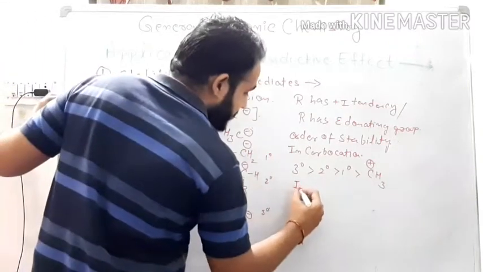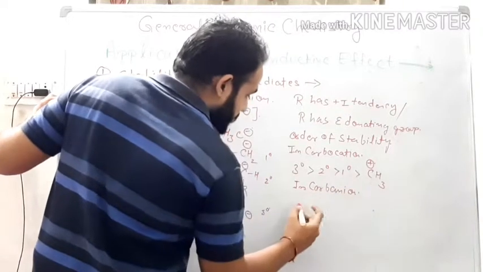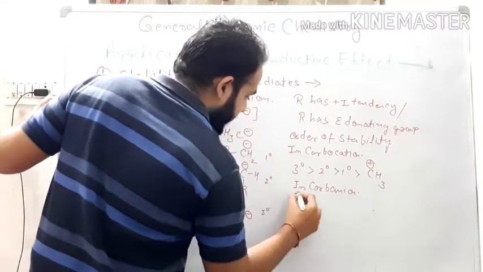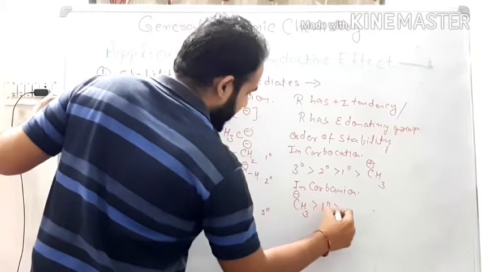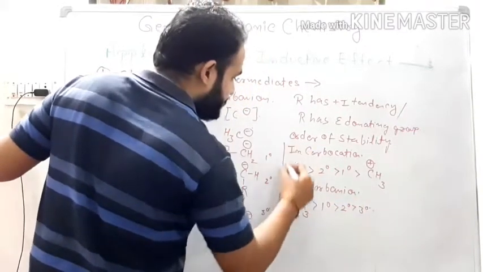And in carbanions, CH3 negative is the most stable compared to primary carbanion, then secondary, then the last one is tertiary.